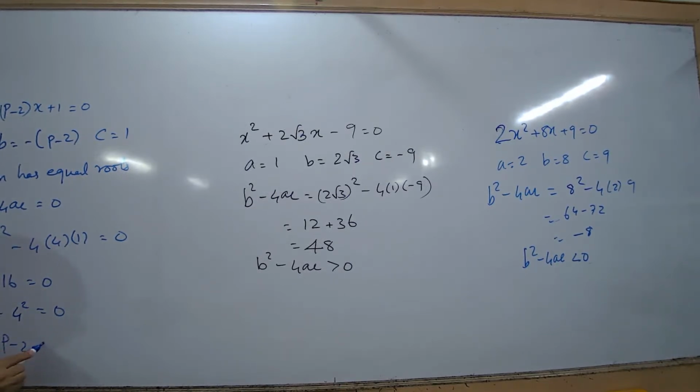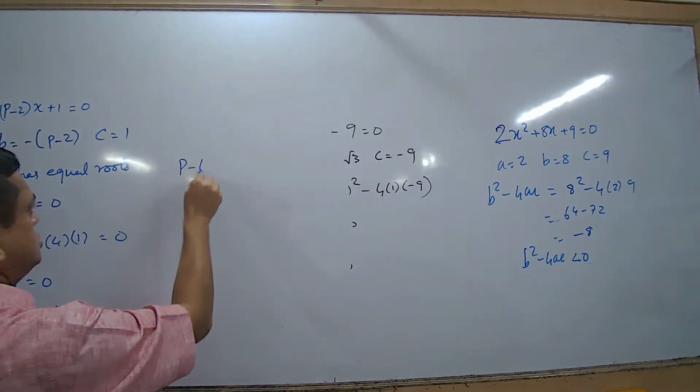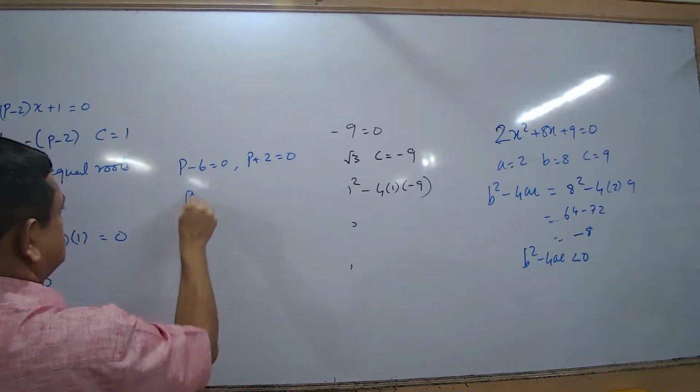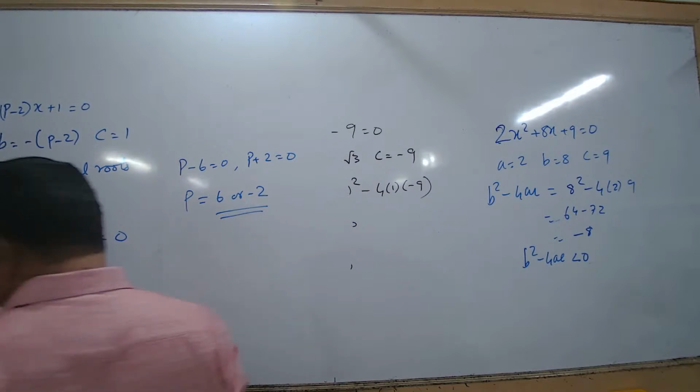This is the easiest way. That is (p minus 6) times (p plus 2) is equal to 0. Therefore, what will you get? Two cases: p minus 6 equal to 0, p plus 2 equal to 0. That is p is equal to 6 or minus 2. Are you followed?